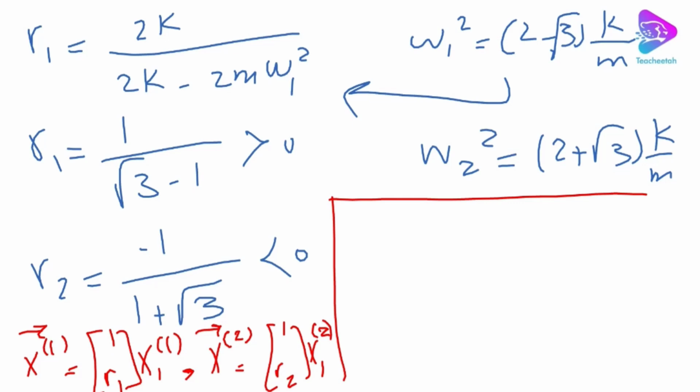As you remember, r1 and r2, we know one of them is positive and the other one is negative, right?